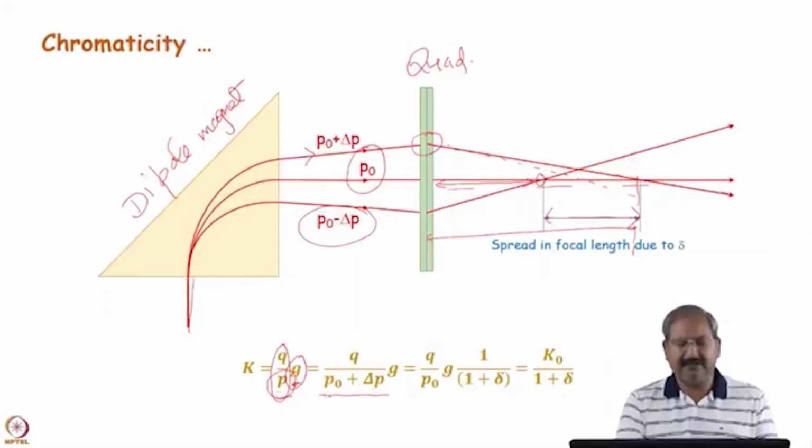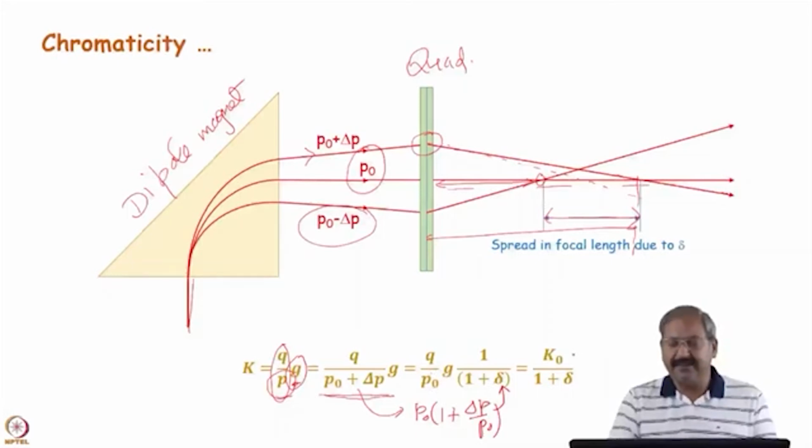So P can be written as P0 plus delta P. Again take P0 out, so you will have 1 plus delta P by P0, and this delta P by P0 is denoted by delta. So we have QG by P0 upon 1 plus delta, and this quantity is again the strength defined for the design momentum.